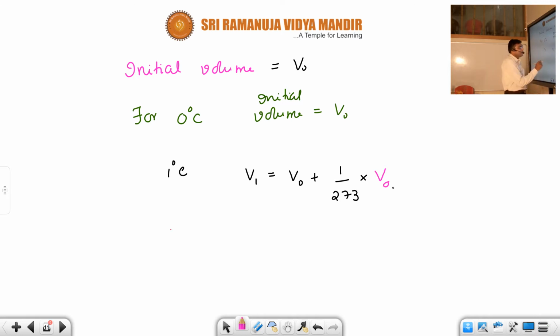Now for 2 degrees centigrade, what happens? V2 is equal to V0 plus, here it will become 2 by 273 into V0. So try to understand, students.